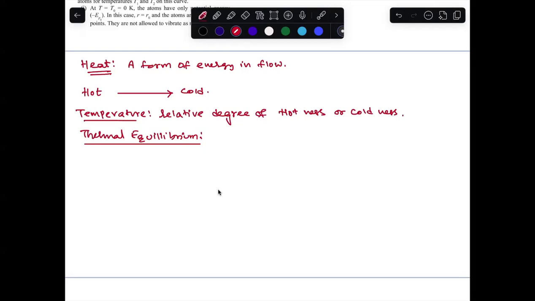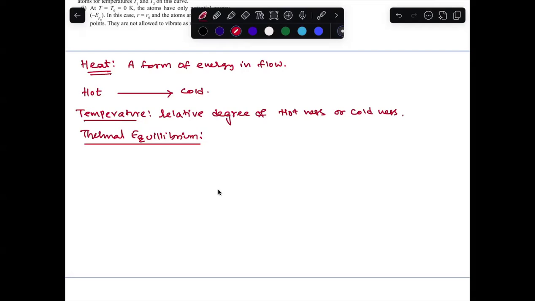Point number two, both bodies must be at the same temperature. For example, you take a small lead shot, heated almost close to its melting point, and you drop it in a container containing water. After some time, what you will notice is that the lead shot and the water remain at the same temperature.